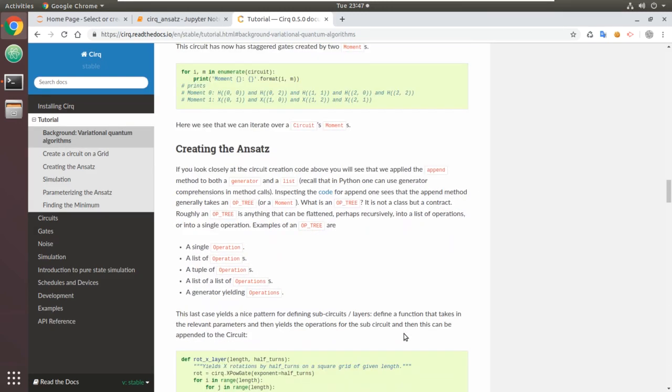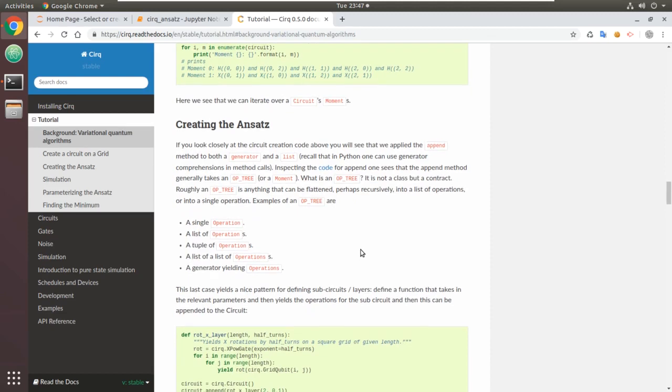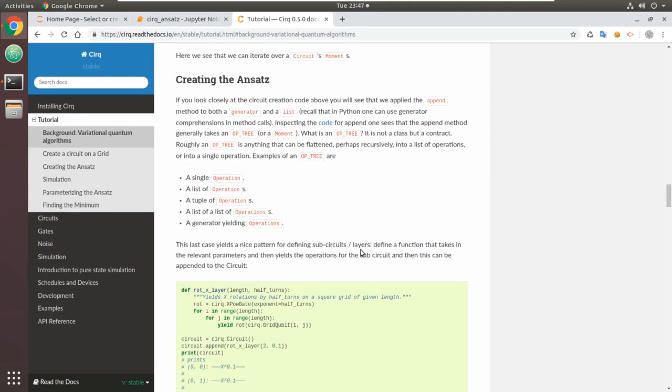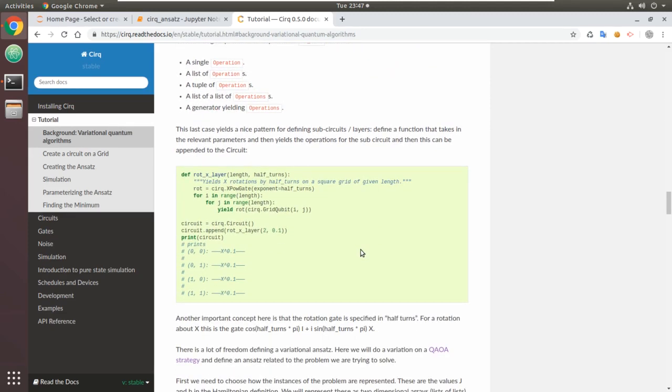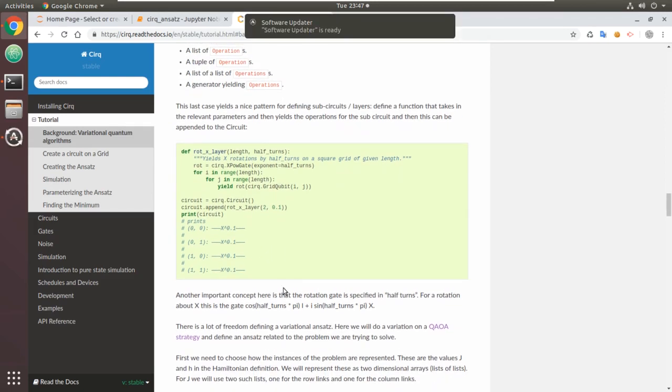Creating the ansatz. I actually pretty much like the idea of the subcircuits. This last case yields a nice pattern for defining some circuit layers. Parameters. So these half turns, rotation gate.